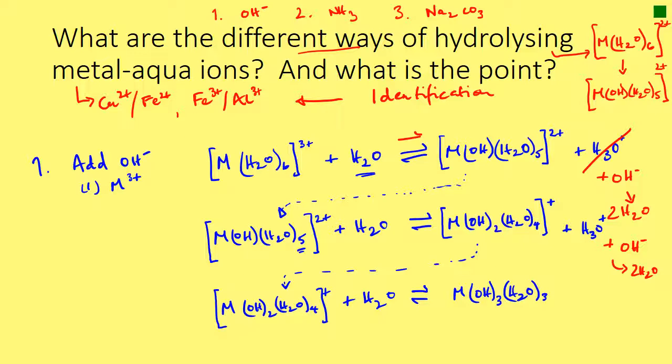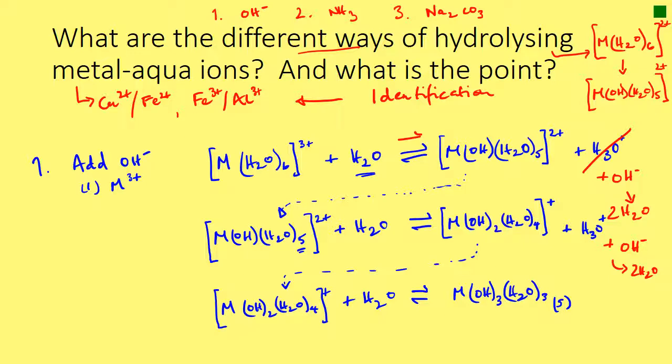But now it has no charge, so we don't bother drawing the square brackets, and instead we just give it its state symbol here, which is a solid, because it has no charge, it's insoluble, and so it precipitates out as a solid, and it's likely to have a colour.